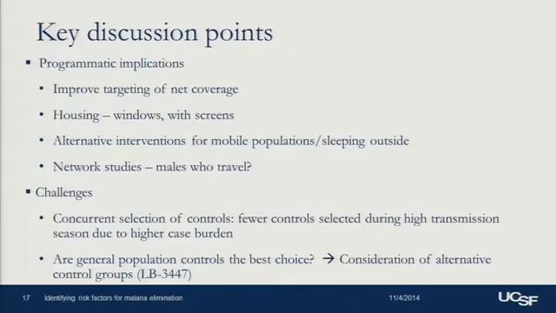Housing modifications, including ensuring that houses have windows and that there are screens in the windows, is another option. Alternative interventions might be considered for populations that are traveling a lot and are not using nets when they're outside of their homes.